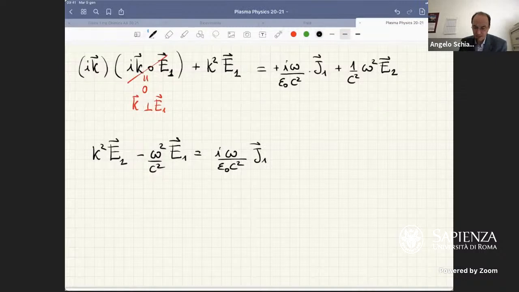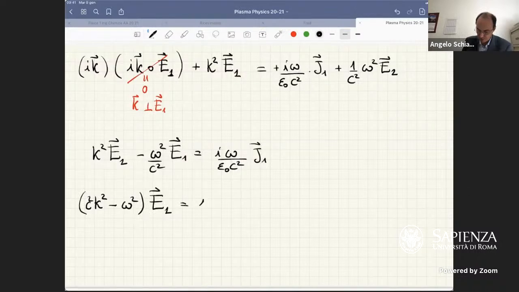And we can multiply both sides by c squared. So on the left-hand side we have (c squared k squared minus omega squared) times E1 equal to i omega over epsilon naught times J1.